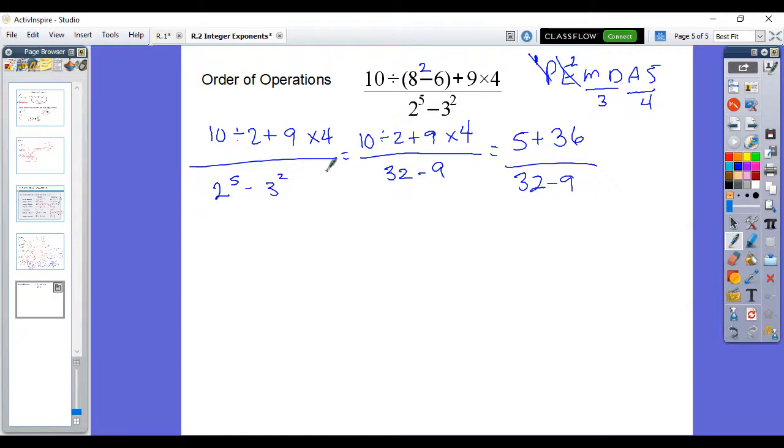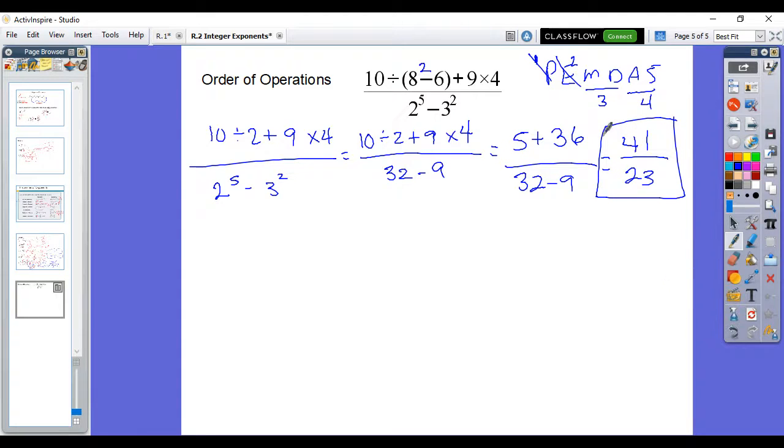Now, also remember, you do all the things on top first, and then you do all the things on the bottom with themselves. So if there was another multiplication or division, we would have done that down here. We get our final answer to have a single number on top, which is 41, and a single number on the bottom, which is 23. Can we reduce those? No, we're done right there.